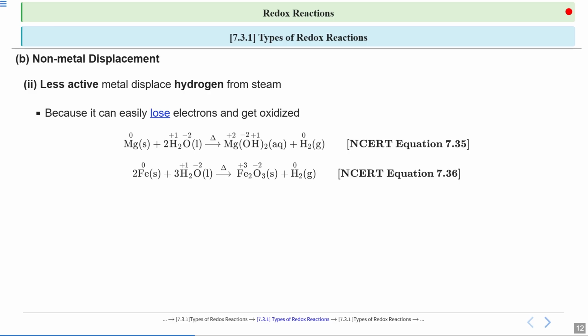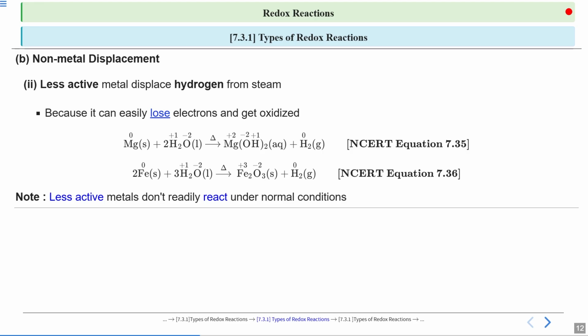In the next example, NCERT equation 7.36, Fe, that means iron, is reacting with steam to form Fe2O3 plus H2. These reactions, 7.35 and 7.36, are generally used to prepare hydrogen gas in the laboratory also.